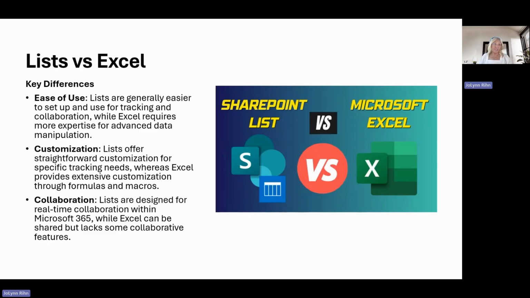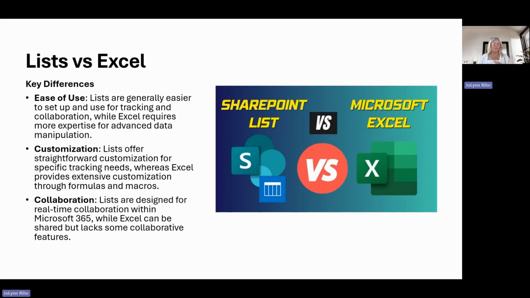If we pull these differences together, lists are generally easy to set up for tracking and collaborating, while Excel requires more expertise when things get more advanced. Customization in lists focuses on structure: we have columns, views, and rules, whereas Excel customization relies heavily on formulas, macros, tables, pivot tables, those kinds of things.